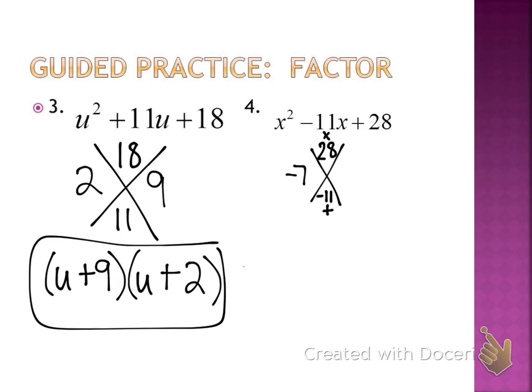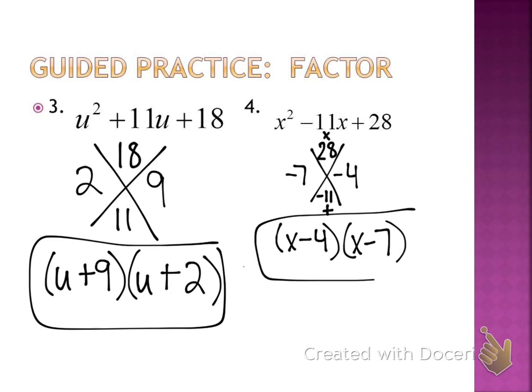Good. -7 and -4 fill in my X. So then I can write my answer. Deshaun, how would I write that answer? Good. X minus 4 times X minus 7.